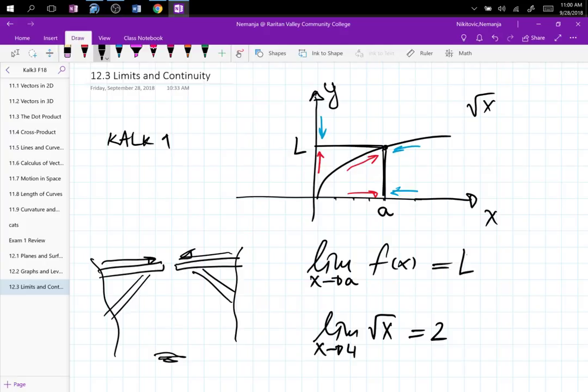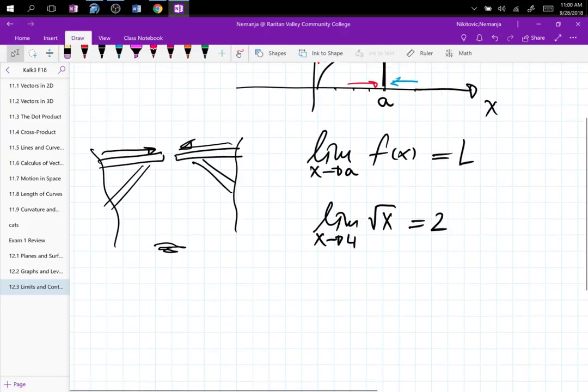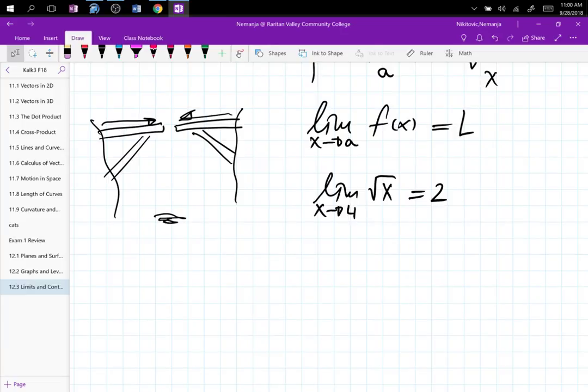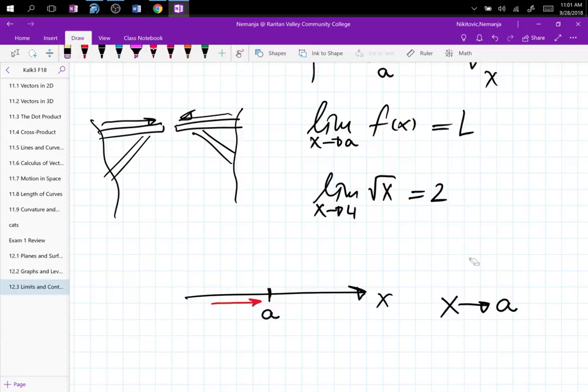So now, knowing all of this from Calculus 1, the most important part was that on your x-axis, x has this point A that x is approaching. Now, we have the Juliet approach: x approaches A from the left.